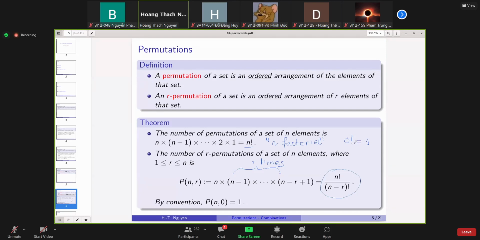And similarly, we adopt the convention that the empty permutation of a set of n elements is equal to 1. Okay, are there any questions?